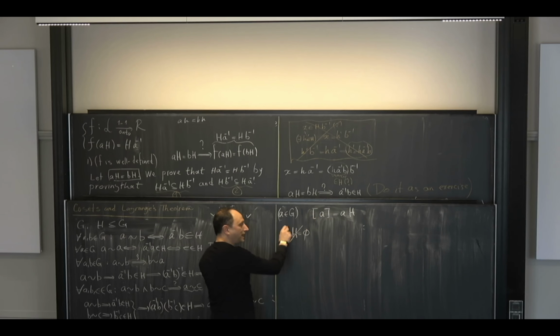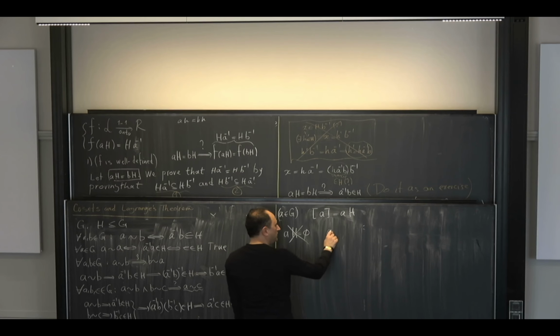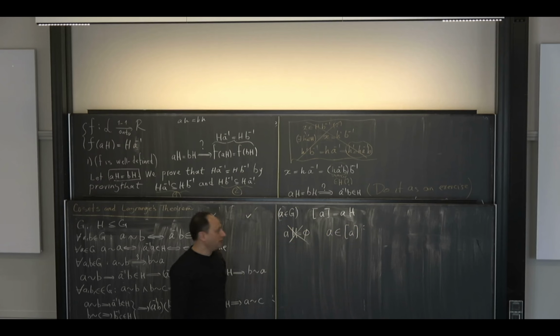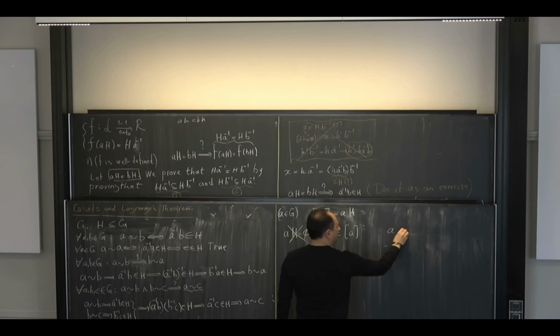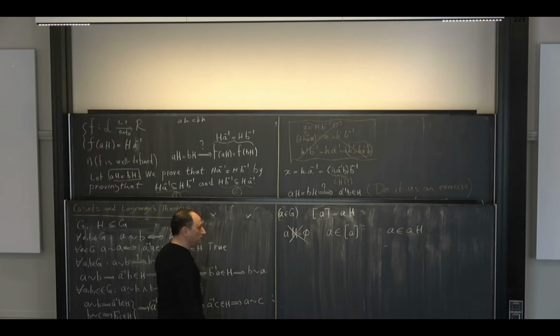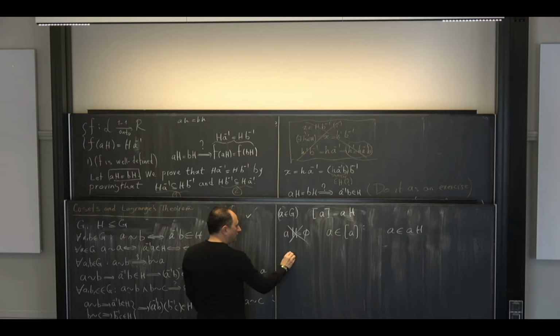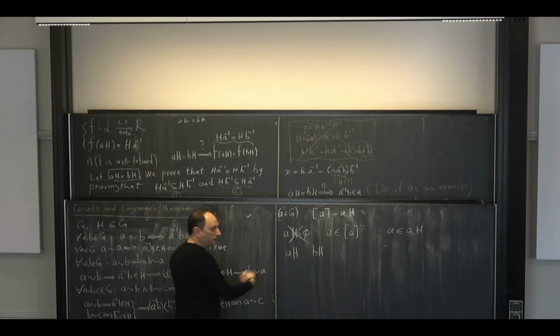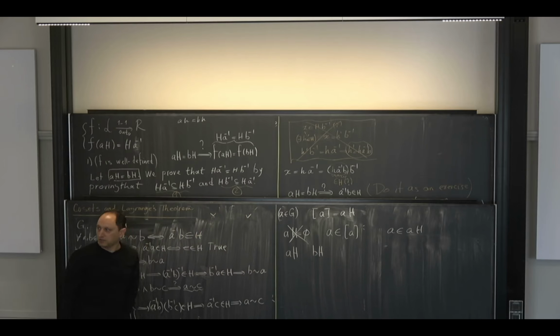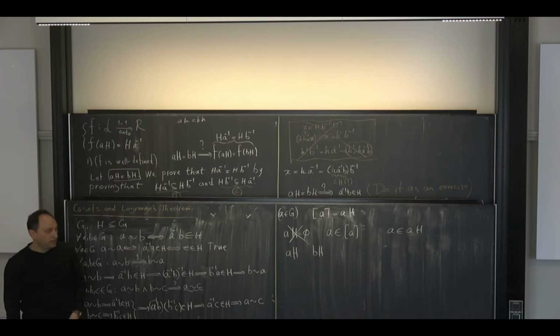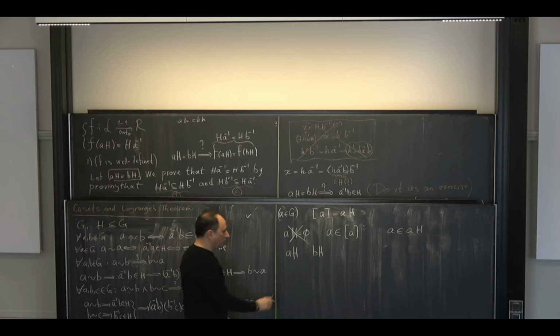So this cannot happen. For example, do you remember this was true? This was true. So now what can I say? I can say that A always belongs to AH. But one thing that is very important, do you think if I have two left cosets, what is the relative situation between two left cosets?